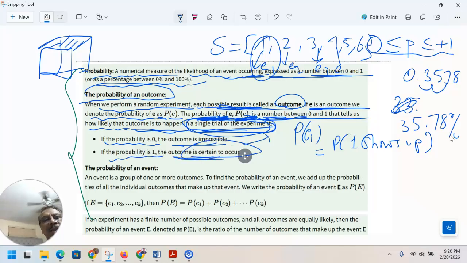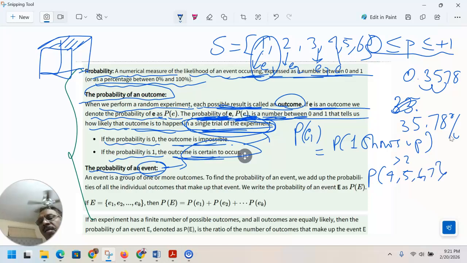Now, probability of an event, because when I say probability of an event, there can be many outcomes. If I ask what is the probability of getting a number greater than 3, the outcomes are 4, 5, 6.